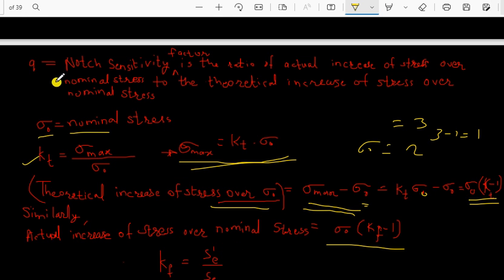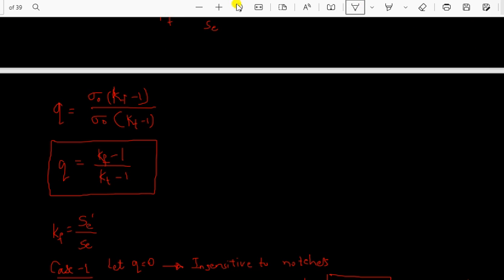So now we will put these values in this formula. Q is equal to this one divided by this one. I will call this equation number 1 and this equation number 2. So Q will be 2 divided by 1, that is sigma naught into Kf minus 1 divided by sigma naught into Kt minus 1.